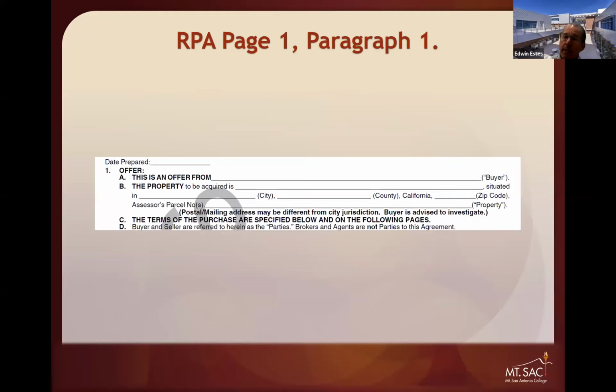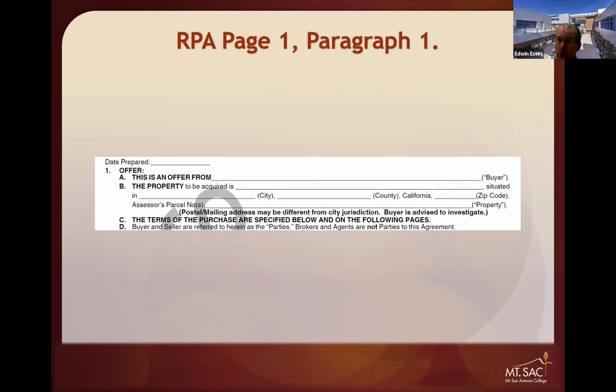Remember, all of your deadlines go from the date of signature or the date of acceptance. The only reason we have a date prepared here is to give this contract a name. So if you're going to counter this contract, you'd be countering the contract dated whatever date, all right? Or if you were going to make an addendum, this would be an addendum to the contract dated whatever date you put there above paragraph 1.